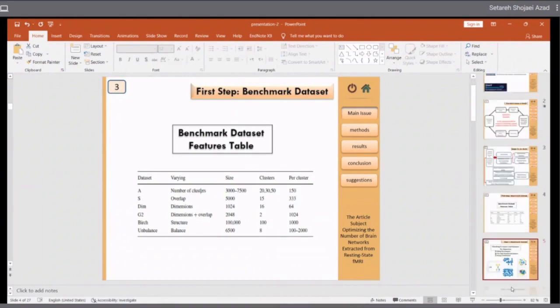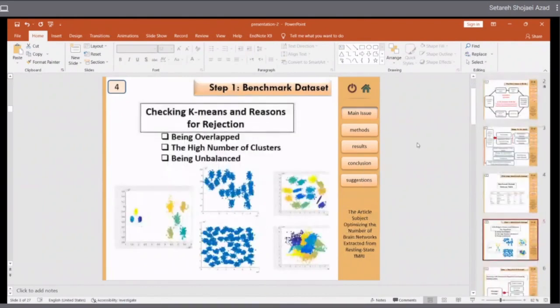Well, for clustering these data sets, I started with k-means clustering, but for some reasons it worked badly.